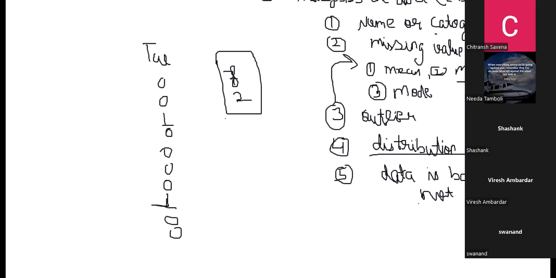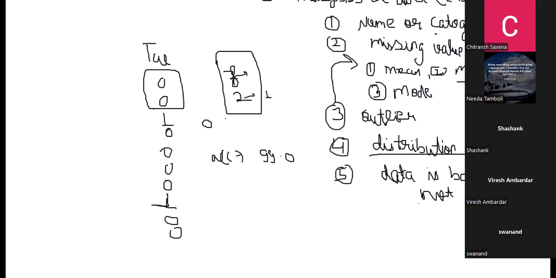Suppose your accuracy is 99%, but when you put in any data, the output will always be 0, because my data is imbalanced. There are 8 zeros and 2 ones.